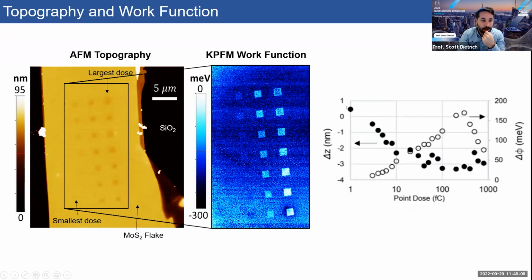At low doses, we see a decrease in the height. We have some constriction in the material, and it plateaus around 3 nanometer divots in our material. We also see the work function increase by more than 100 meV. So it's a significant change in the work function.